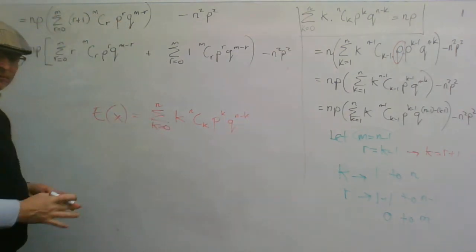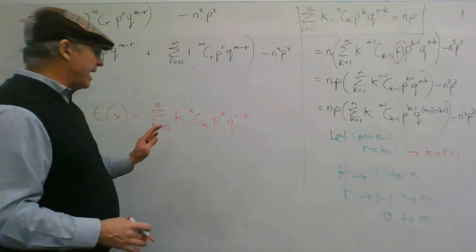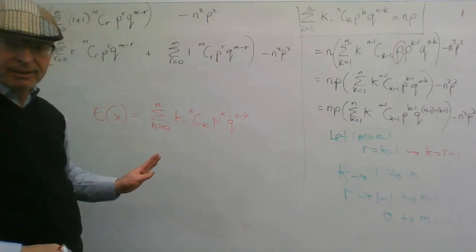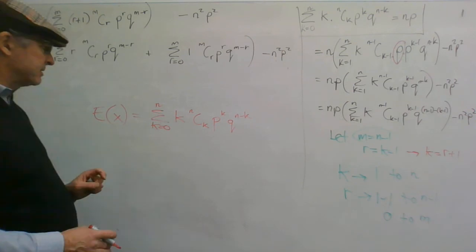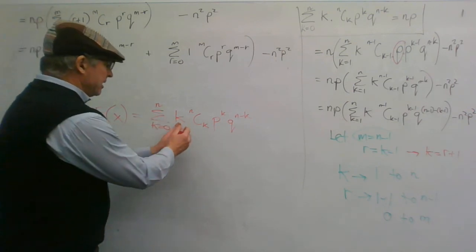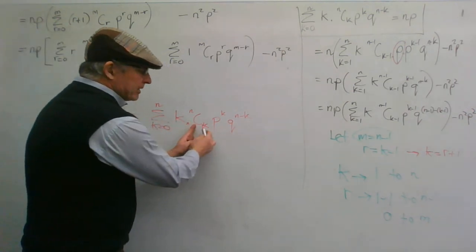That's what the expected value is, where you add up all the xpx's, basically. So that's going to be your x, and that's your p of x each time.